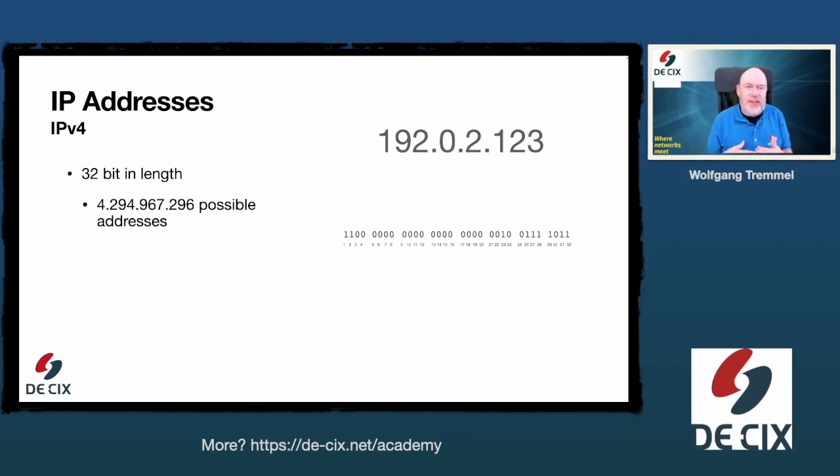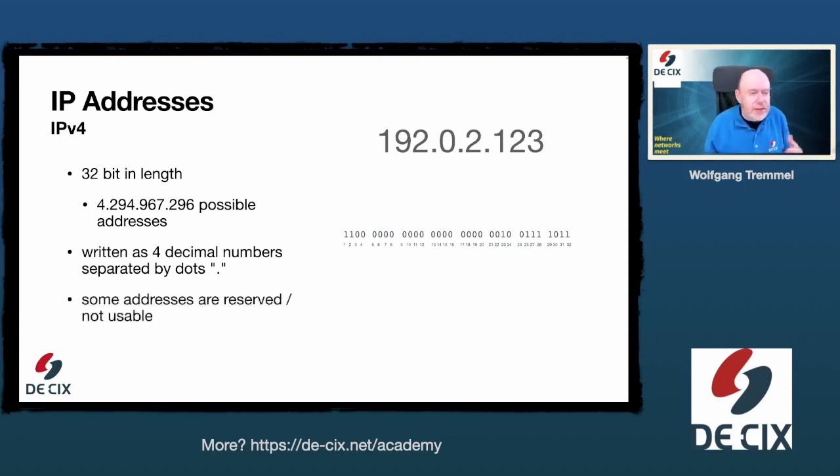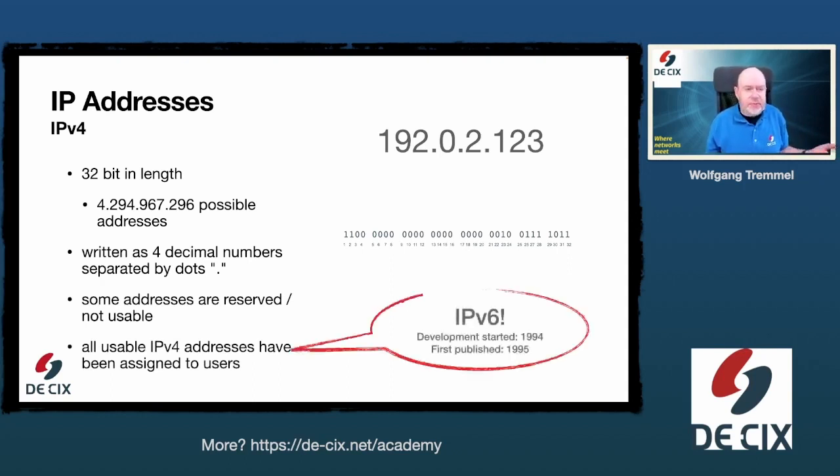They have all been handed out to internet providers and end users. The addresses are written as 4 decimal numbers separated by dots, and like I said, some of them are reserved and not usable. All usable addresses have been assigned. What's the solution? Use IPv6.